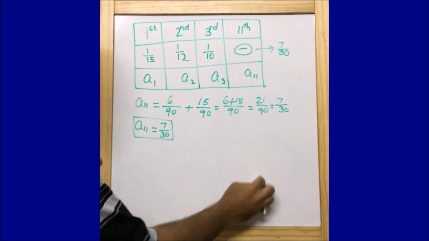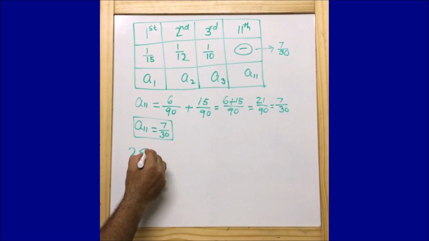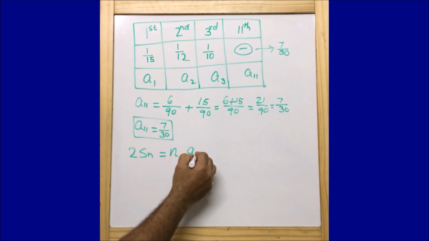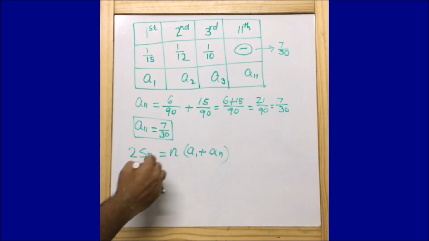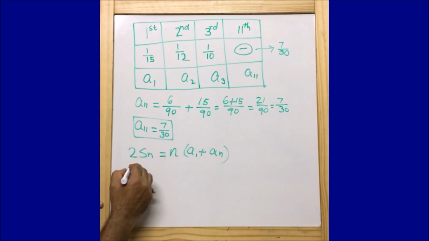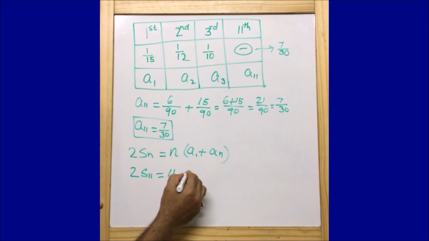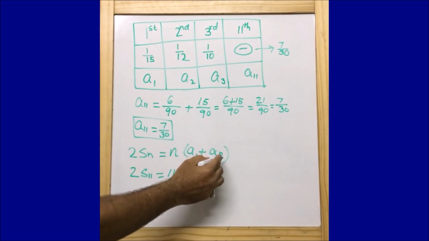We know the formula for finding the sum of the n terms: 2Sn is equal to n into (A1 plus An). Here the value of n is 11, because we are going to find the sum of the 11 terms. So 2S11 is equal to 11 into (A1, which is 1/15, plus An, which is A11).